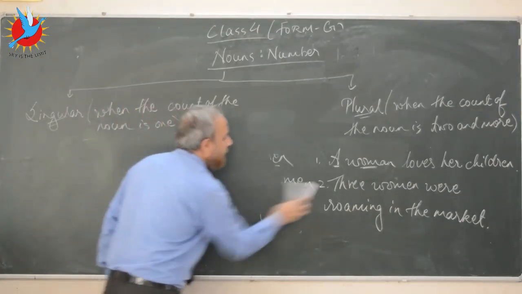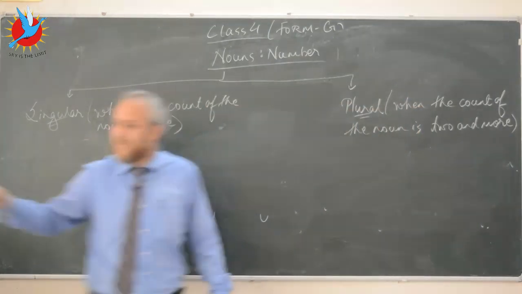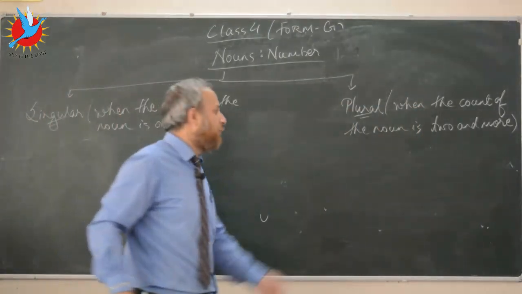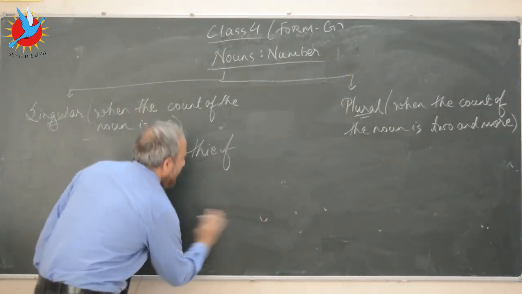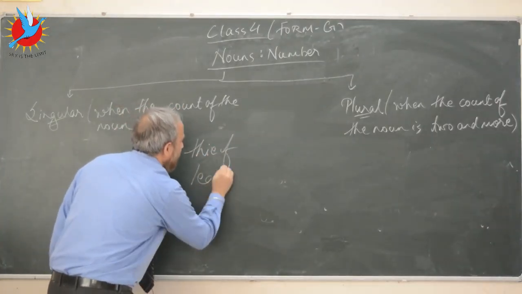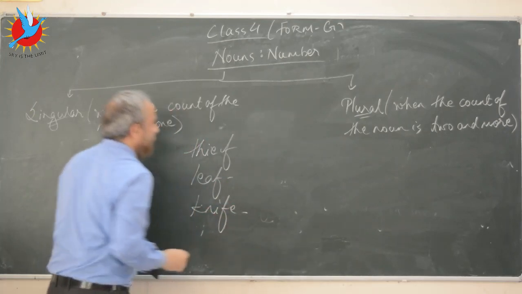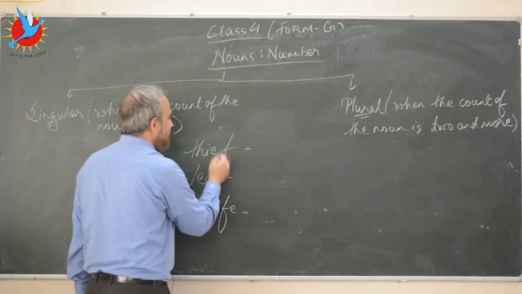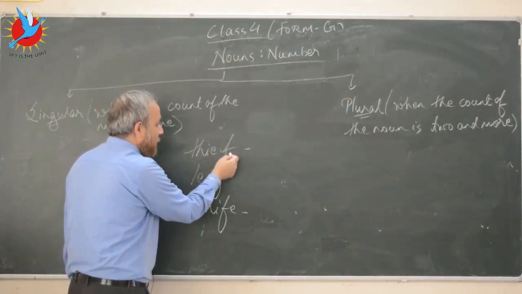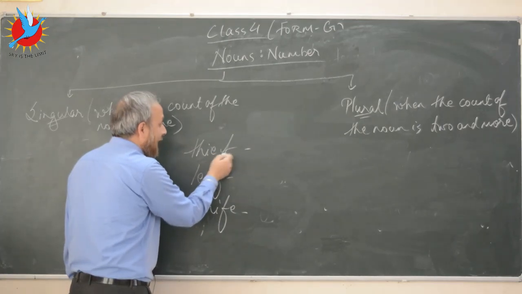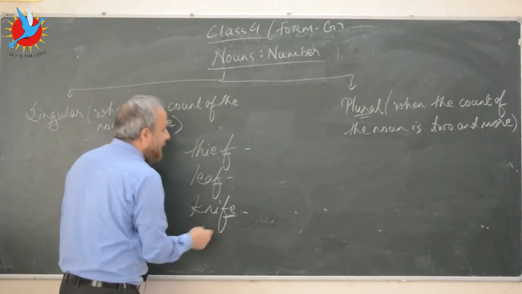There's another way of changing a singular noun to a plural noun. Let's say you have the word thief, the word leaf, the word knife. If you look at it, these words end with F: thief ends with the letter F, leaf ends with the letter F, and knife ends with the letters FE.